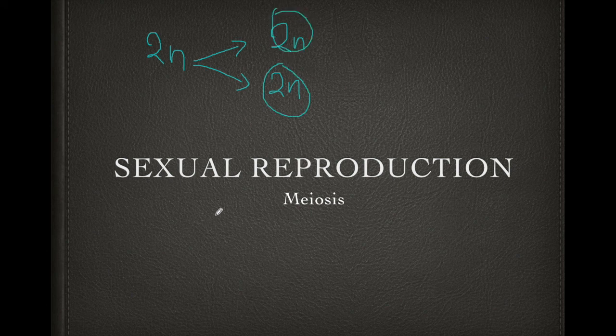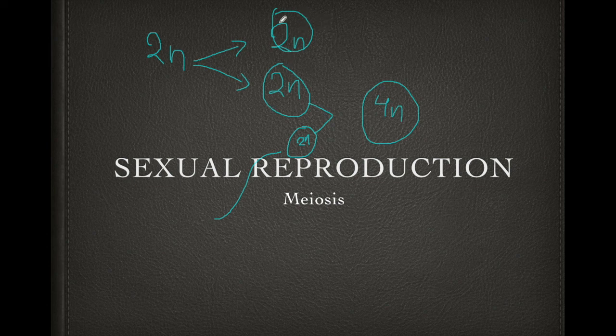And I get a gamete from another person, coming with 2n. When these two combine to form the zygote, the first cell of a human body, it will have 4n. That means double the chromosome number. And this is way too much, and we don't need that. So we need a division.